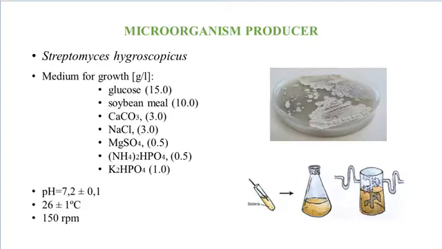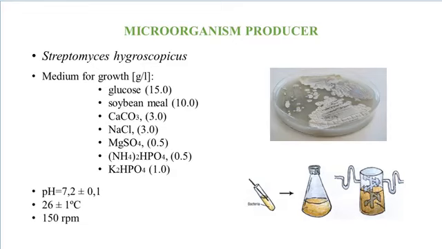So in this study, Streptomyces hygroscopicus, isolated from a natural environment, actually a soil sample from a territory in the Republic of Serbia, was used as an antagonist microorganism, and this was the growth medium, which contains glucose as a carbon source and soybean meal as a nitrogen source.